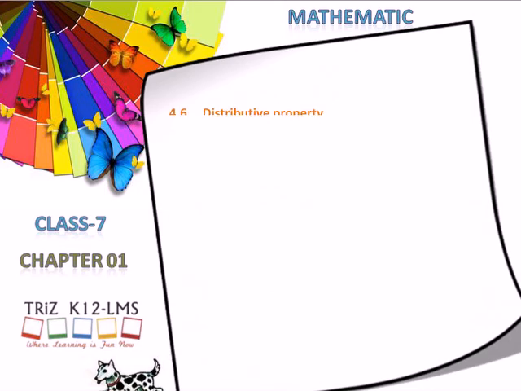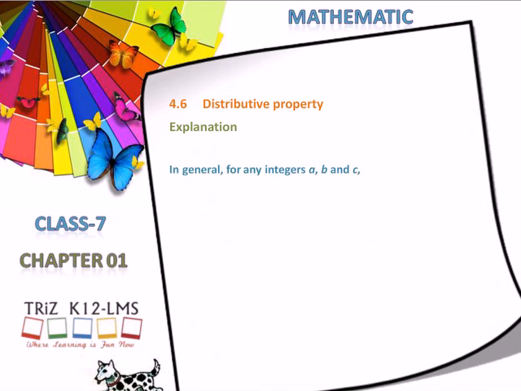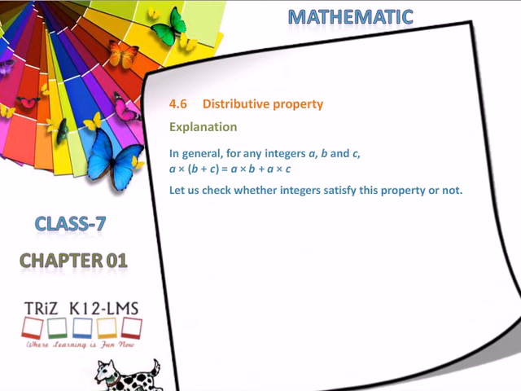integers. 4.6. Distributive property. Explanation: in general, for any integers a, b and c, a × (b + c) = a × b + a × c. Let us check whether integers satisfy this property or not.